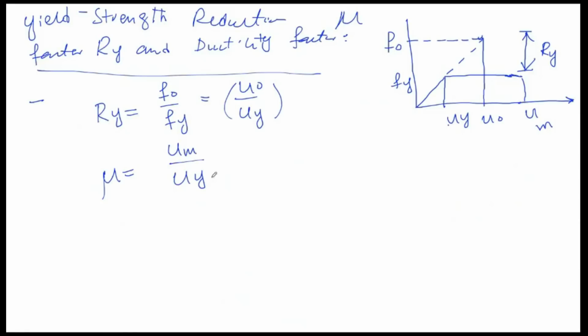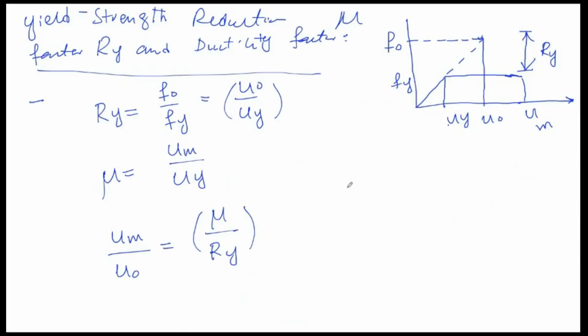Now, for the same system, it can be shown that the inelastic deformation ratio, defined by the ratio of the peak displacement or the deformation of the inelastic system to the corresponding linear system displacement, is related to the ductility factor divided by the yield strength reduction factor. You can show this equation very easily.